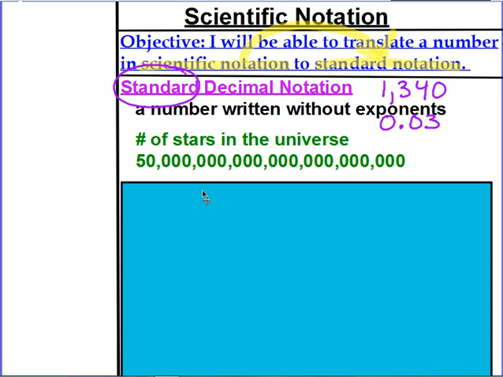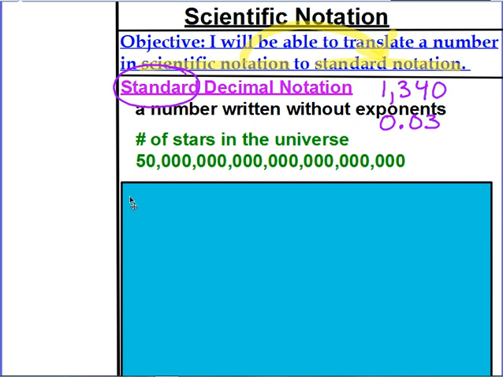I see a 5 and I see a 0 and then I see a whole ton more zeros behind it. That is how many stars are in the universe. Now think, if you're a scientist and you have to write that number of stars down several times to do your calculations, that is going to be a lot of writing. Okay, so that's not a very convenient way to express the number of stars in the universe.